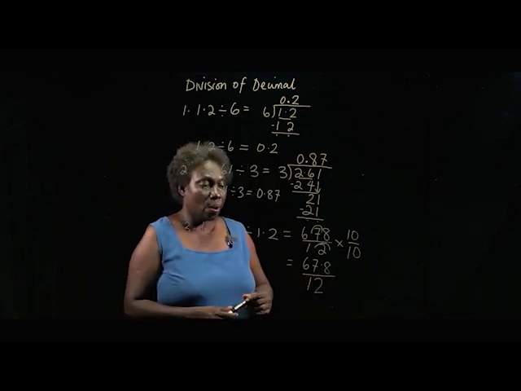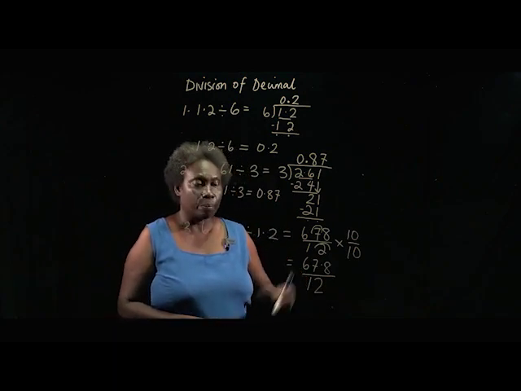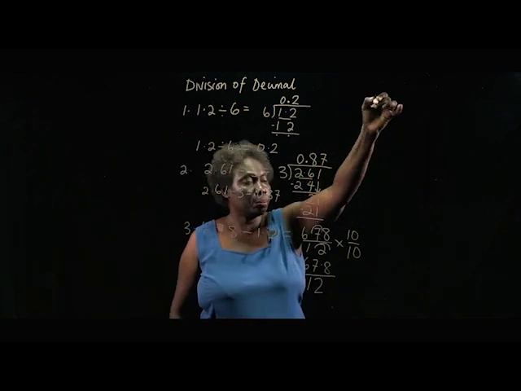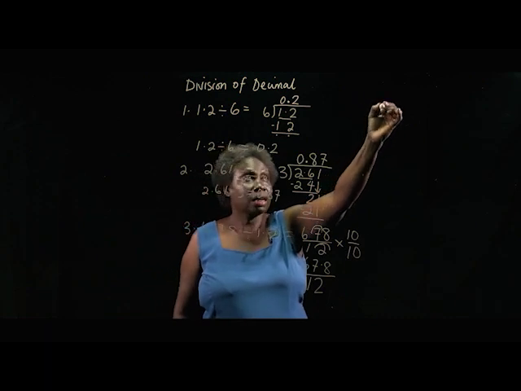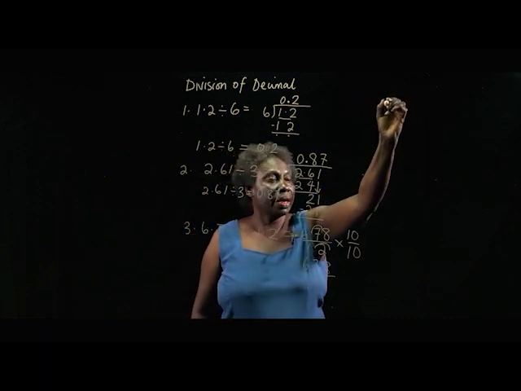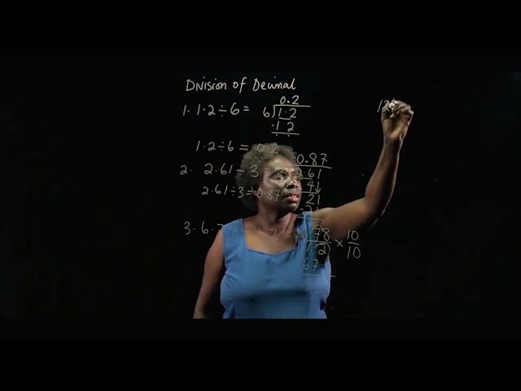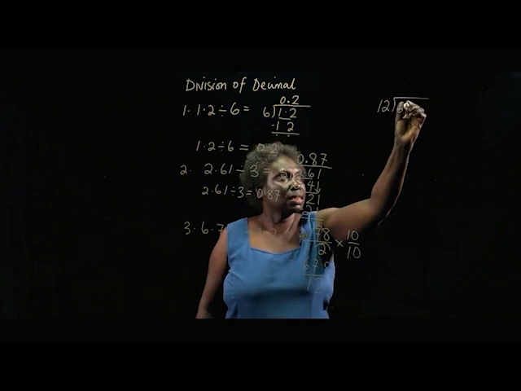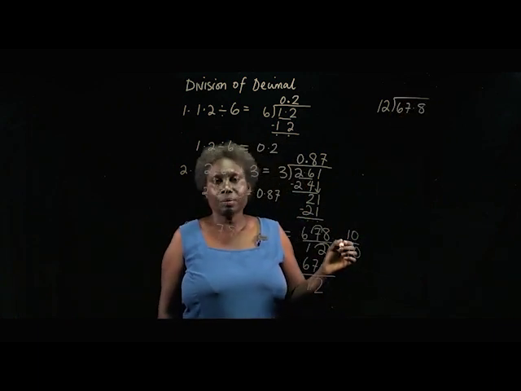Okay, now I have changed the divisor to a whole number. So, I'll use the long division method to divide 67.8 by 12. So, I have 12 outside the division symbol and I have 67.8 under the division symbol.